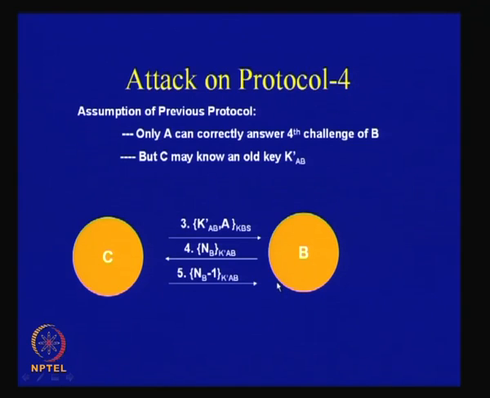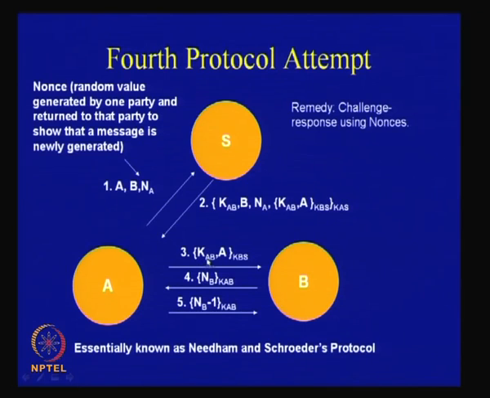The attack could be like this: the previous protocol assumed that only A can correctly answer the fourth challenge of B, but it may happen that C may know an old key, which is K dash AB. So if you consider the previous protocol, this message was KAB comma A encrypted with KBS.